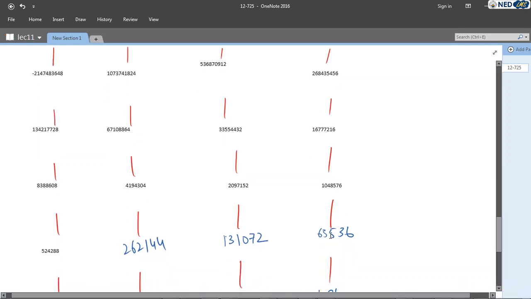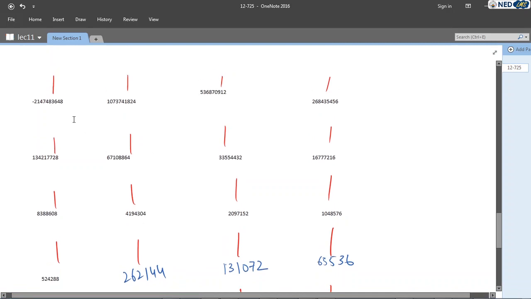Essentially, each next value is double the previous value, and the last value, the most significant bit, is actually negative. So -2.1 billion, then 1 billion, then 500 something million, and so on.